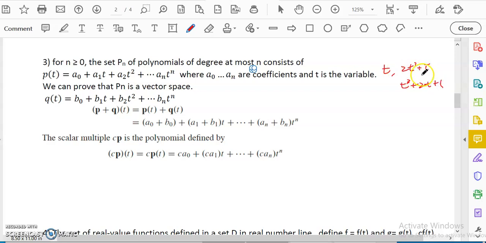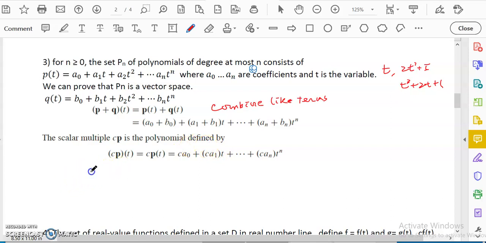These are all polynomials. We can prove that Pn is a vector space by defining addition of two polynomials as combining like terms. That is the sum of two polynomials, and C multiplied by a vector is just the distributive property, distributing into the coefficients.